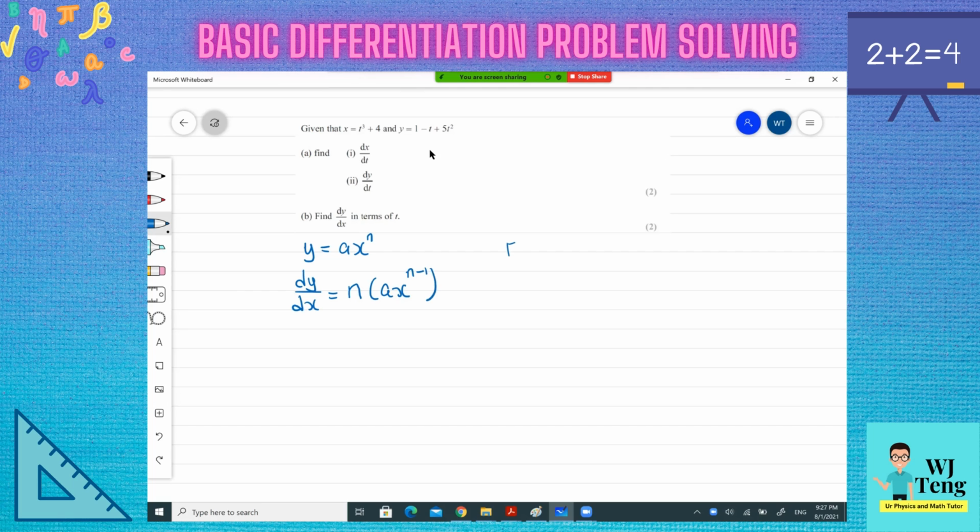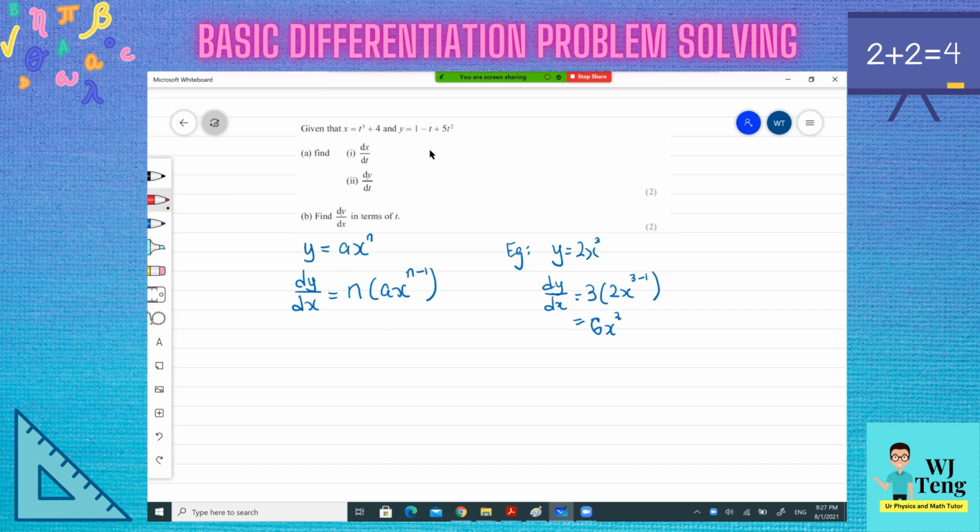For example, if y is given as 2x cubed, dy dx of it will bring down the power of 3, multiplying it with 2x. The original power of 3 is now reduced by 1, which will give us 3 times 2 is 6, x to the power of 3 minus 1, which is x squared. And that will be the basic of differentiation.